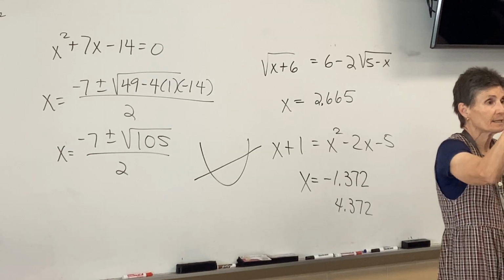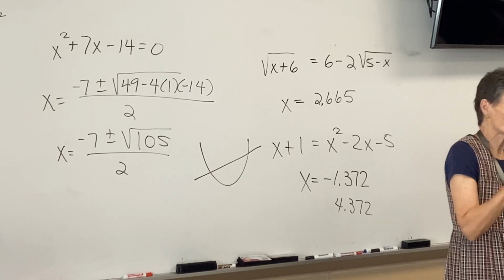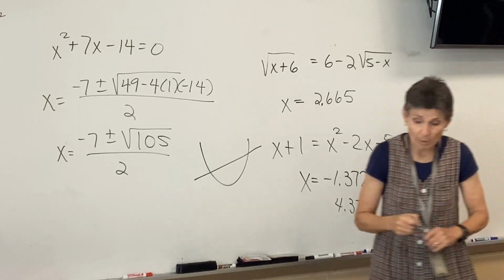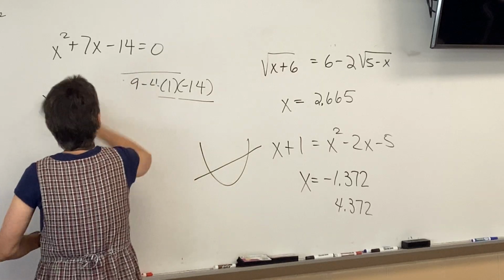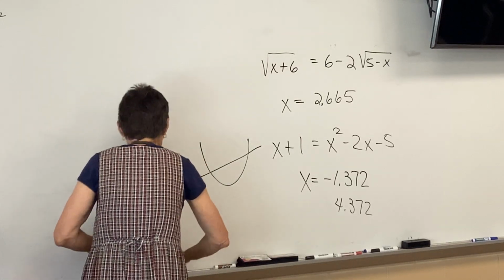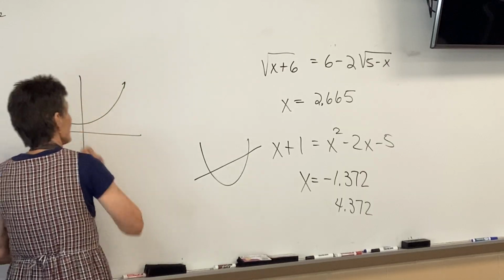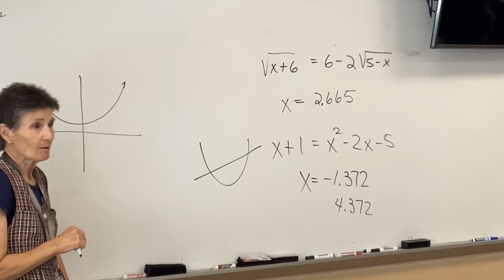It's one continuous flow. An example of a continuous function would be your parabola. That is a continuous function because you can draw the whole thing without lifting your pencil.